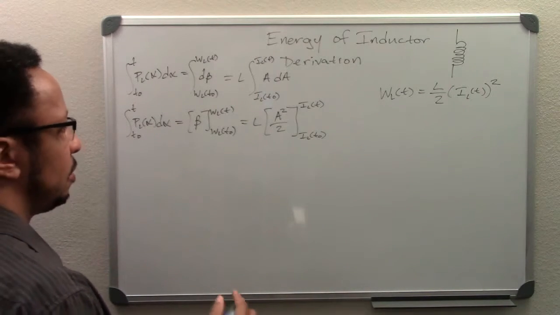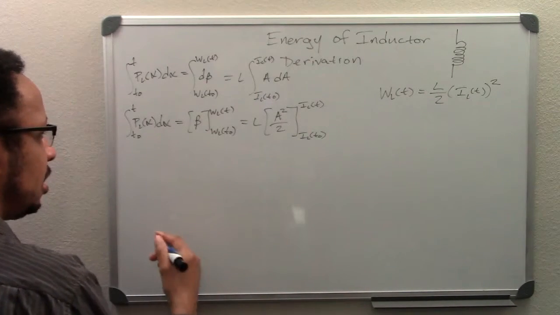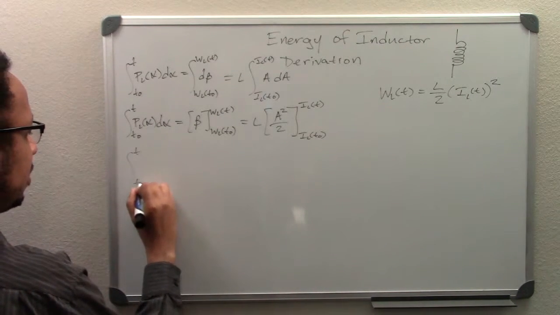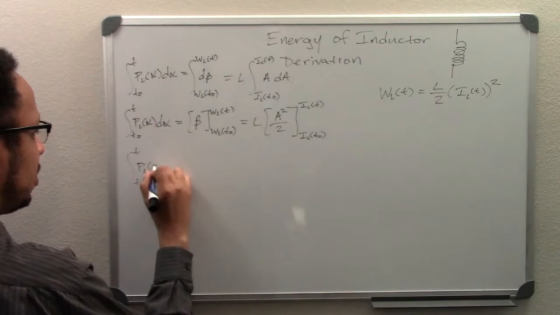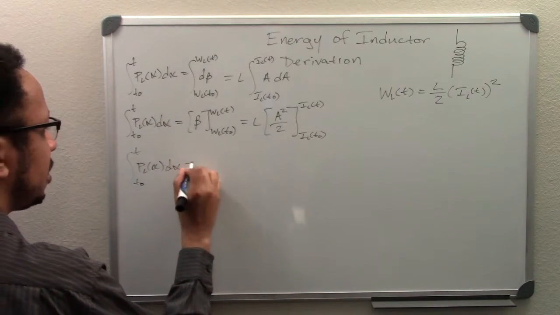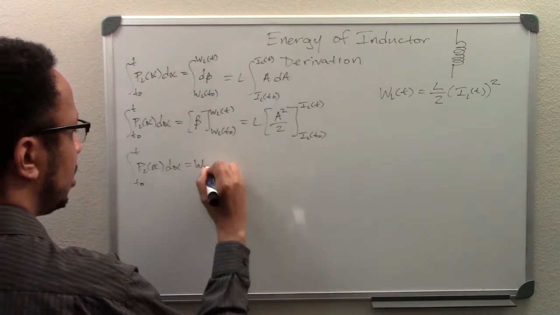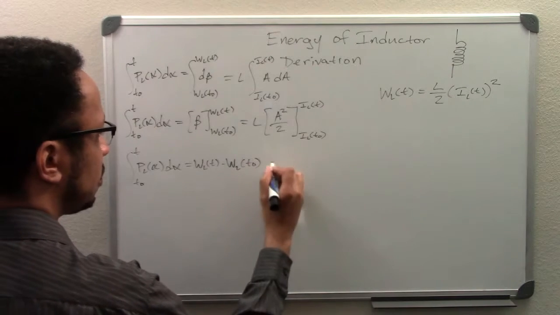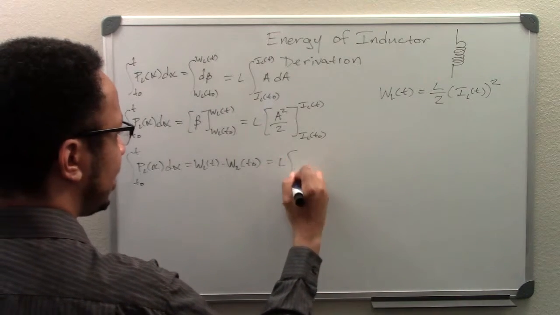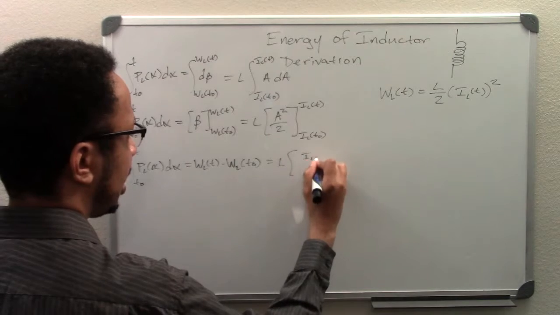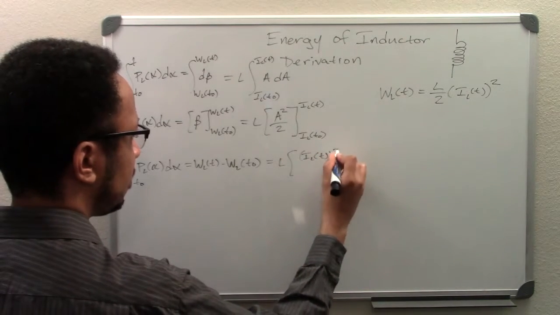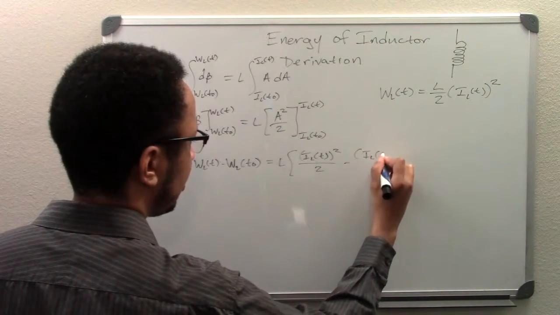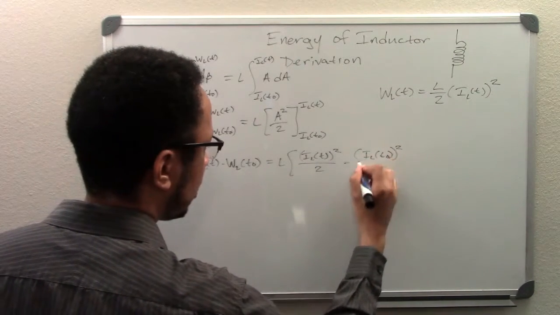Okay, so next we'll evaluate the rest of what we have. The integral from t sub 0 of p_L(alpha) d alpha equals W_L(t) minus W_L(t sub 0), which equals L times i_L(t) squared over 2 minus i_L(t sub 0) squared over 2.